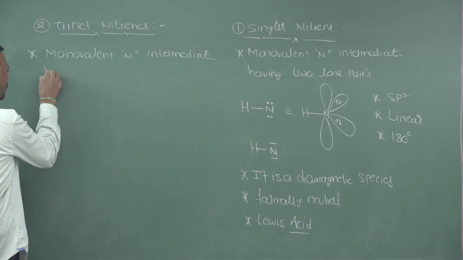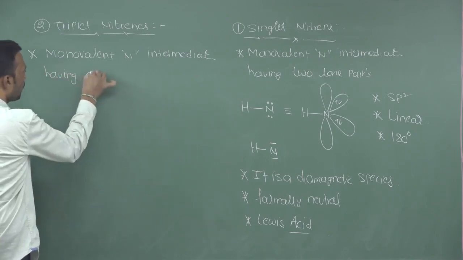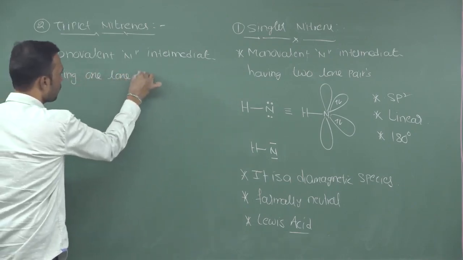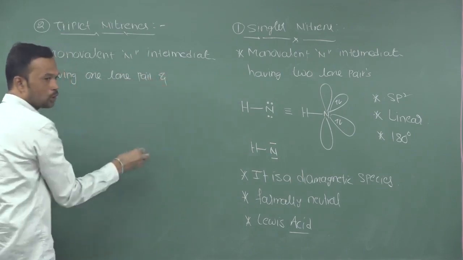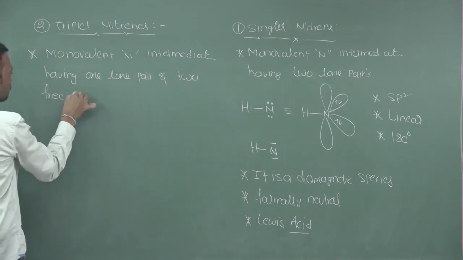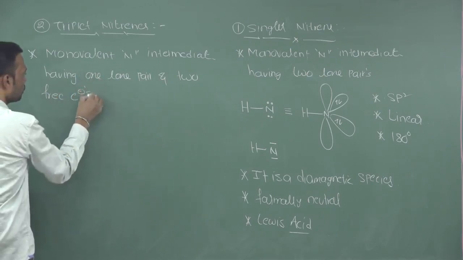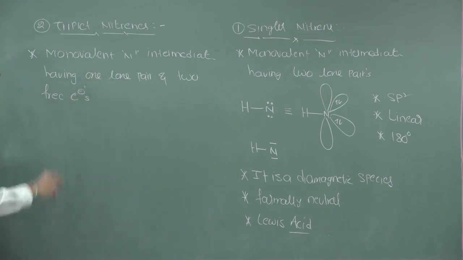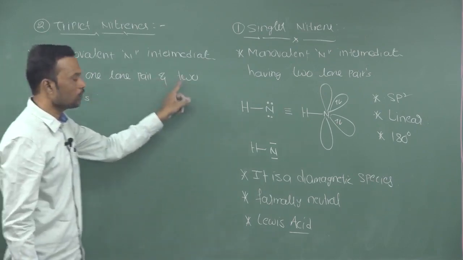Monovalent nitrogen intermediate having what? One lone pair and 2 free electrons. 2 free electrons are available, 2 non-bonding electrons, or 2 same-spin or parallel-spin electrons, and 1 lone pair is present.